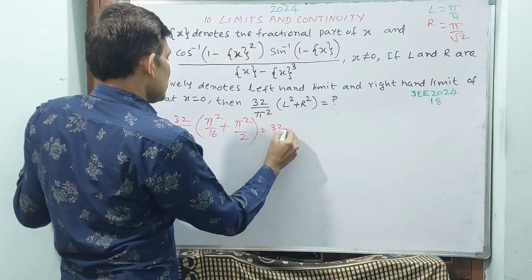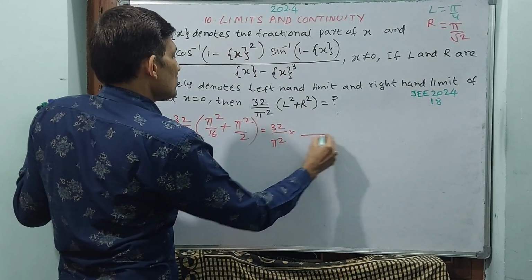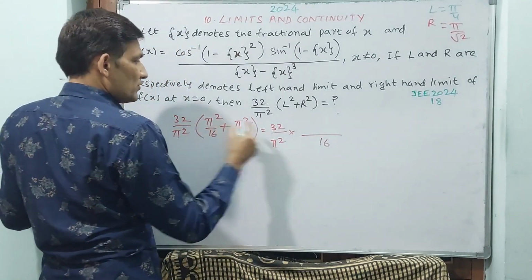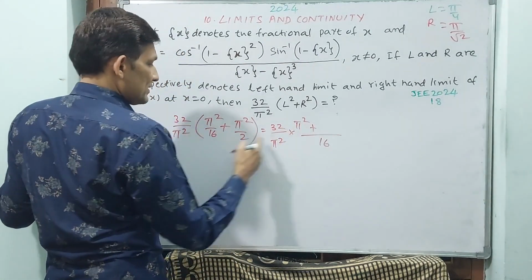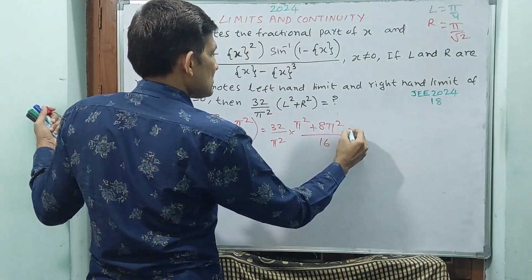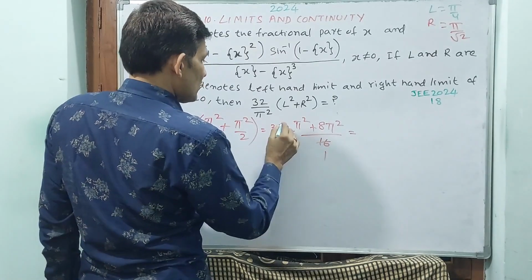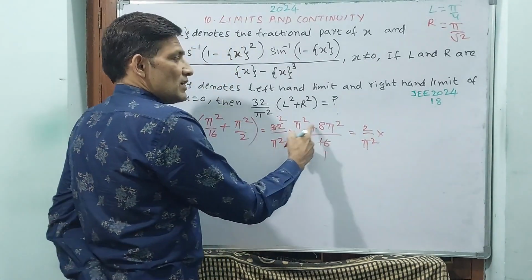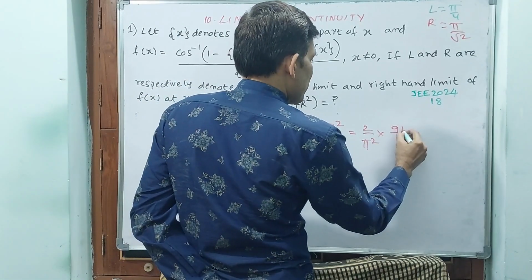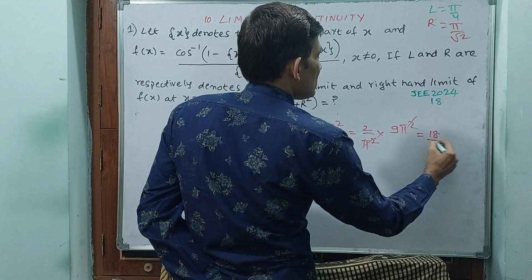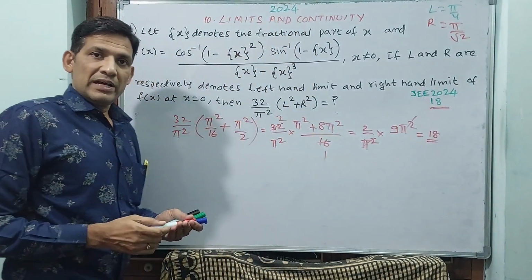That is equal to 32 by pi square into, taking 16 as LCM, pi square plus 8 pi square. 16 ones are 16, twos are 2, so 2 by pi square into 1 pi square plus 8 pi square, which is 9 pi square. Pi square cancels, and 9 into 2 is equal to 18. 18 will be your answer. Okay, let's go for the next question.